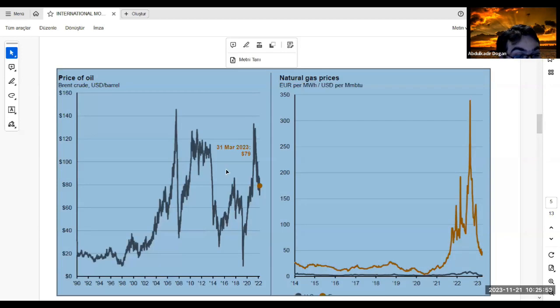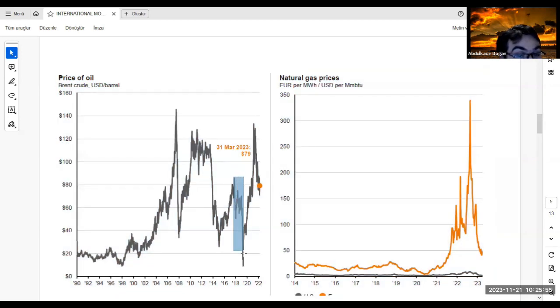Look at this, from $80 per barrel, the prices decreased to just $10 per barrel during the COVID crisis, right? Nobody could even enter their car and change their city. No oil consumption, no oil demand, no Brent, no crude, nothing. So the prices decreased.